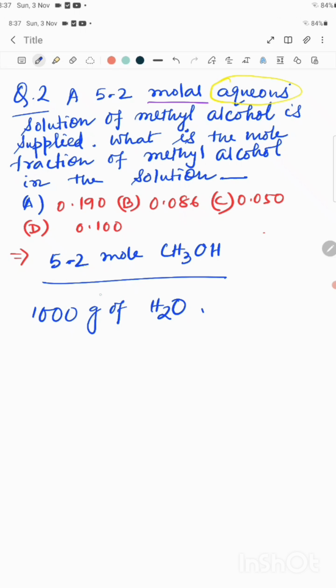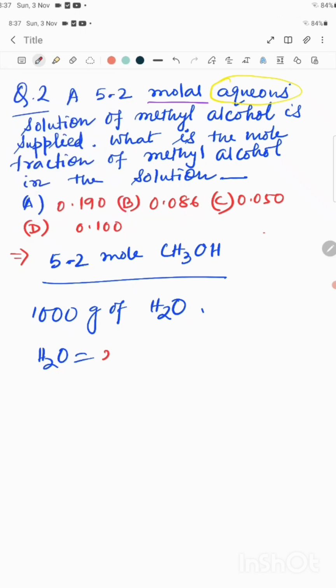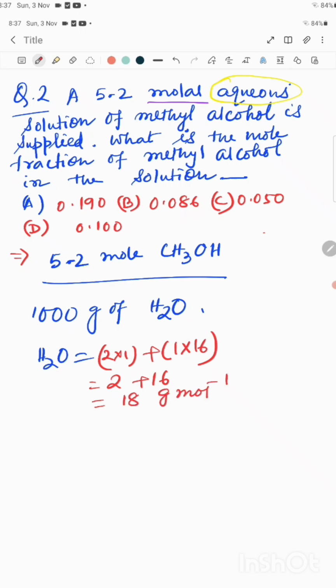So the number of mole of methyl alcohol is known. Now we have to calculate the number of mole of water. What is the molecular weight of water? 2 into 1 plus 1 into 16, that means 2 plus 16, so it will be 18 gram per mole.